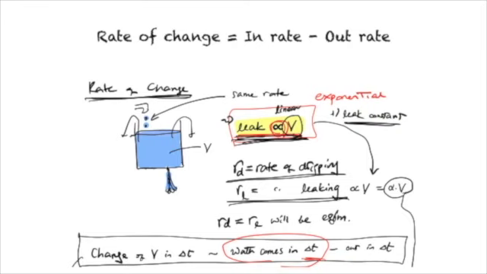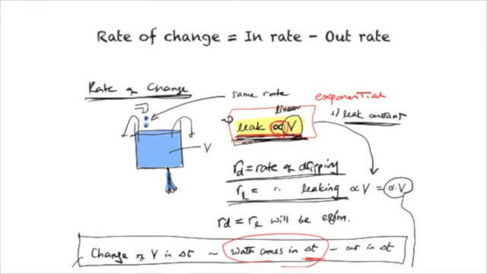And the way we think about the rate of change is simple. The rate of change of the volume of water in the tank will be the rate of water coming in, what we call the in rate, minus the water that leaks out, which is the out rate. If we consider that the in rate is just a constant, so the water drip is constant regardless of the water inside the tank, the quantity that determines the dynamics of the remaining water in the tank is the out rate.